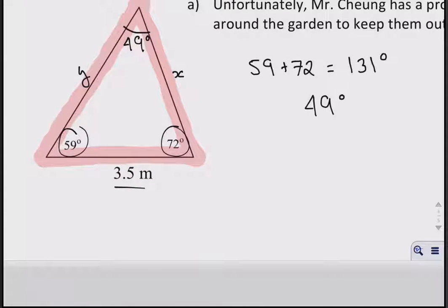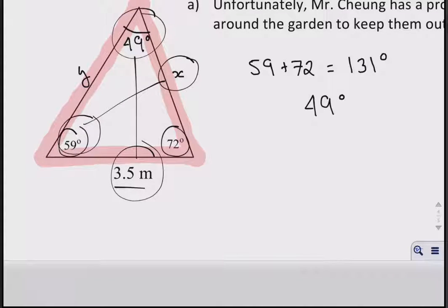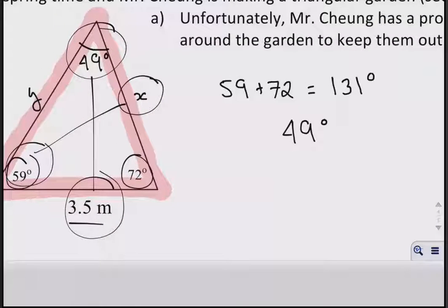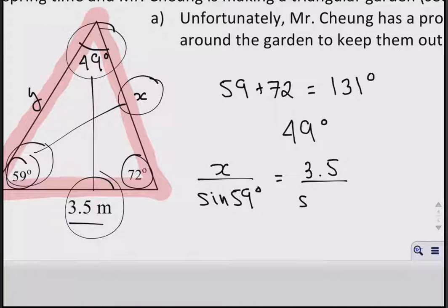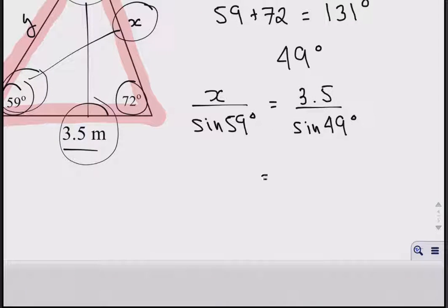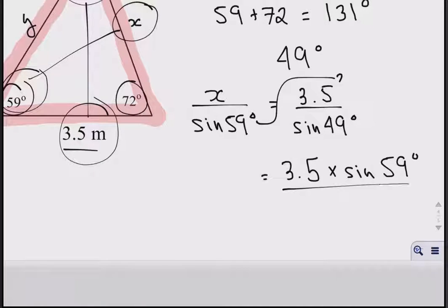With x, I'm going to use the sine law because I have an angle opposite side, and I have the side, and I know the angle. So for x, I will begin, I'll write it out, x over sine of 59 degrees equals 3.5 over sine of 49 degrees. Next line, we bring the sine 59 over: 3.5 times sine of 59 degrees over sine of 49 degrees.